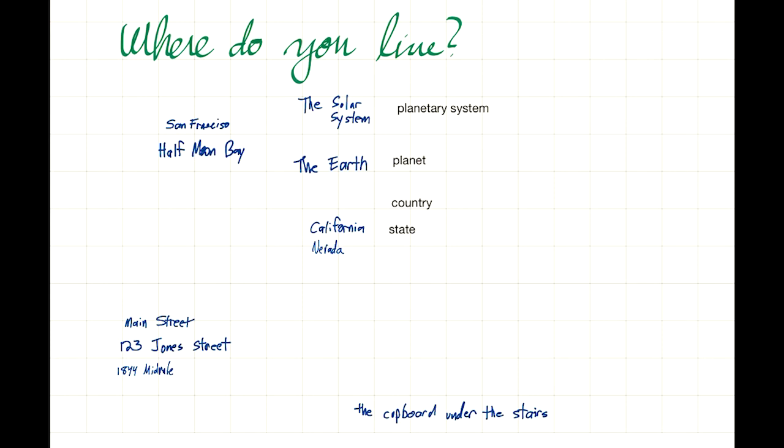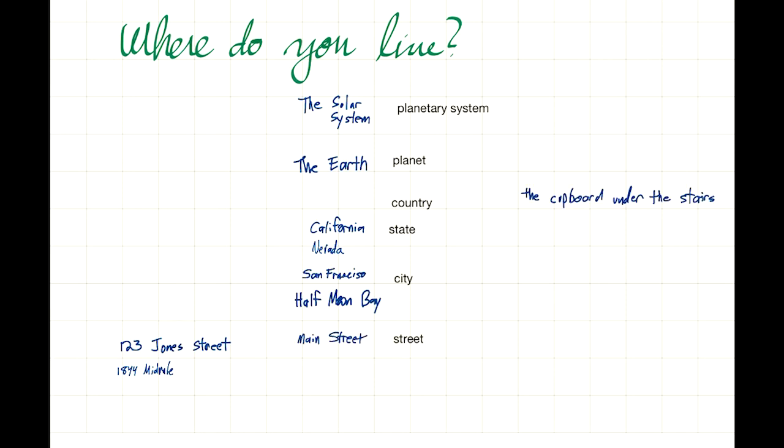Obviously, there are 50. Then we got some of the cities that come within California. There are obviously many more hundreds of these, and even some streets within those cities, and some numbers on the streets, so full street addresses, and then finally one location within a house, the cupboard under the stairs.